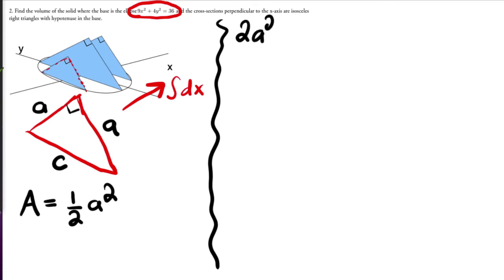So 2a squared equals c squared. So that means that a is going to equal c over the square root of 2.